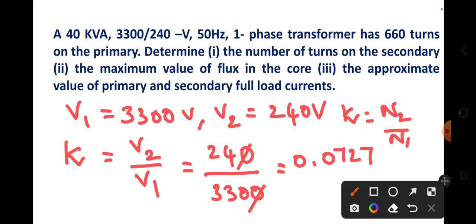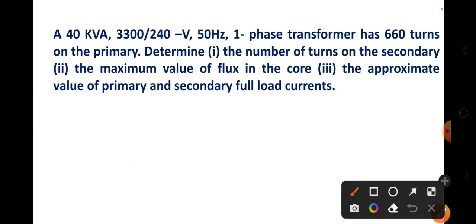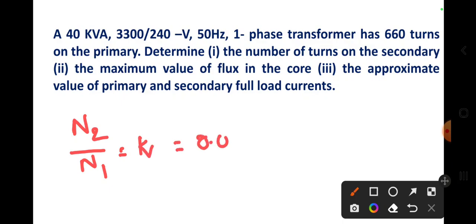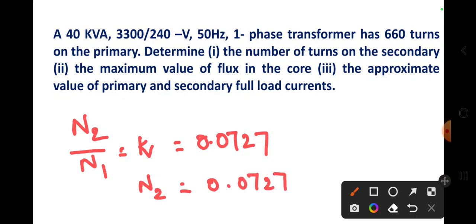So by using this relation, you can find out the number of turns on the secondary, as N2 by N1 is equal to K. This will be equal to 0.0727. Then what about N2? N2 is equal to 0.0727 N1. N1 value is already given. That value is 660.